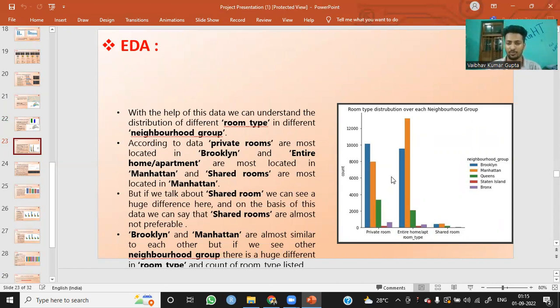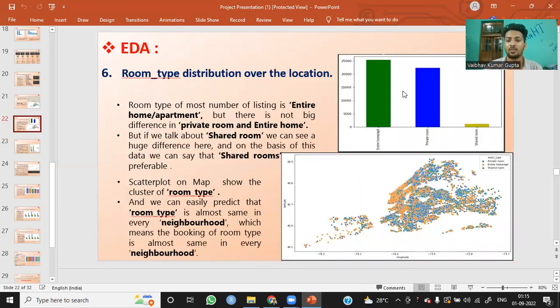We can see it is more or less maintaining the same ratio that we saw in the previous slide. Entire home or apartment is highest, private room is approximately equal, but shared room is less.